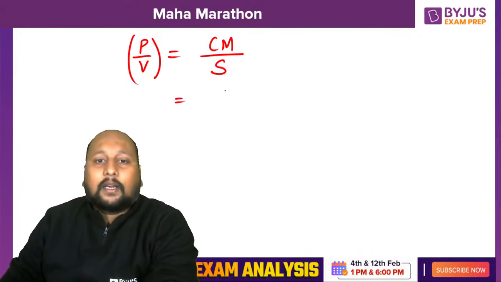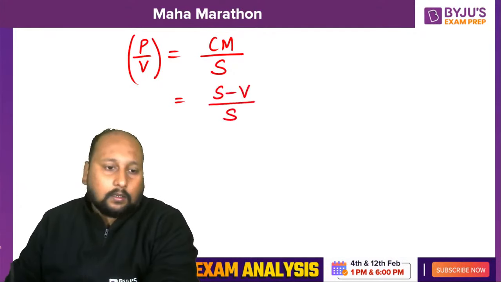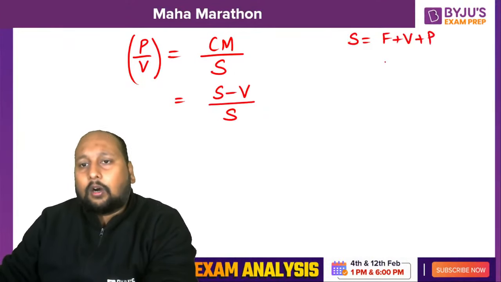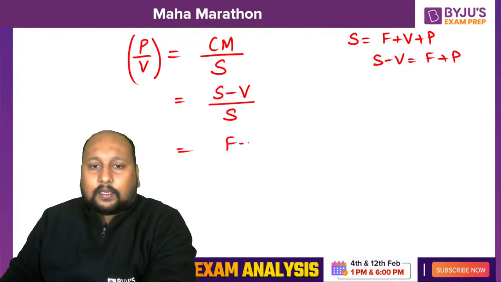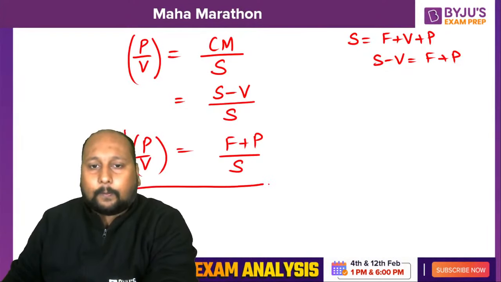It is total sales minus total variable cost. We know that S is equal to F plus V plus P, or S minus V is equal to F plus P, so the ratio is F plus P divided by S. This is a very important relation that we need to remember.